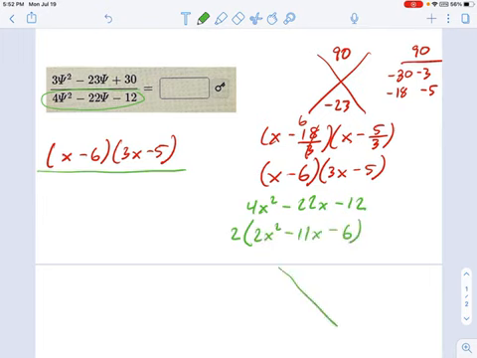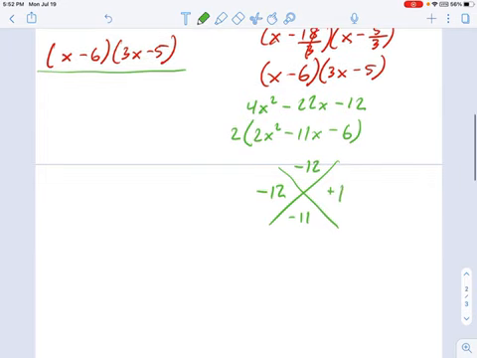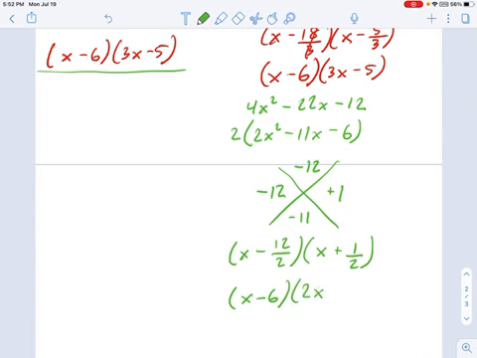That makes this easier. Okay, negative 6 times 2 is negative 12. There's the negative 11. So I drop down my negative 11. Now, I think the numbers that have to go in here are negative 12 and plus 1. Those add to negative 11, but they multiply to negative 12. So this becomes x minus 12 over 2 and x plus 1 over 2, which turns into x minus 6 and 2x plus 1 using our familiar factoring techniques.